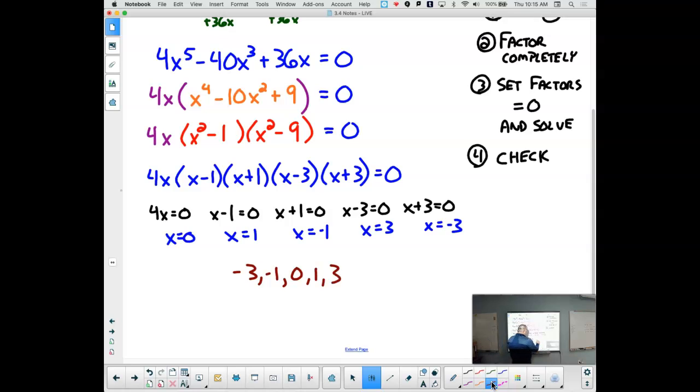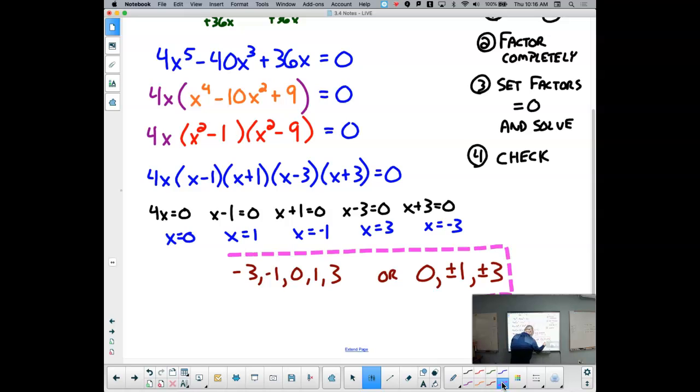Or because we've got positives and negatives, we could go 0, plus or minus 1, plus or minus 3. Because let's be honest, it's all about making me happy, and the easier that I can read your answers, the faster I can check things, the faster I can get stuff back to you. Okay? All right?